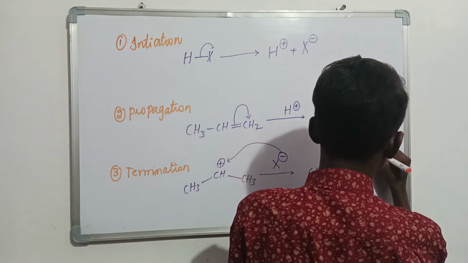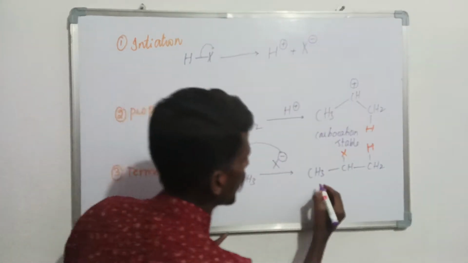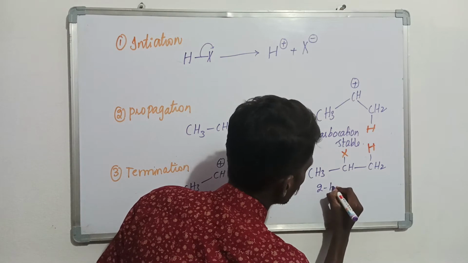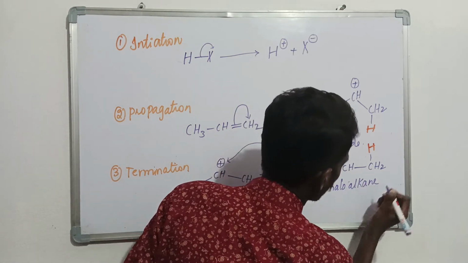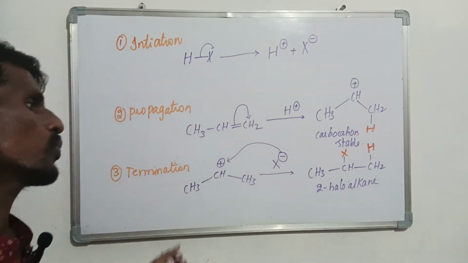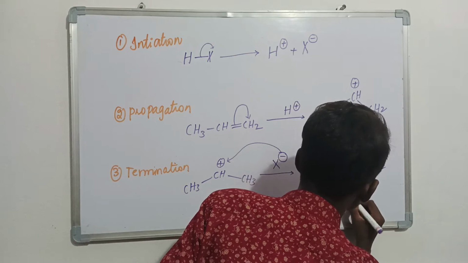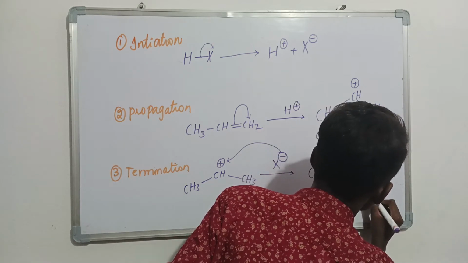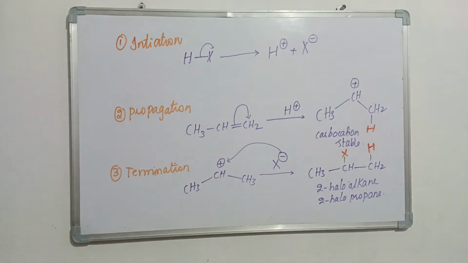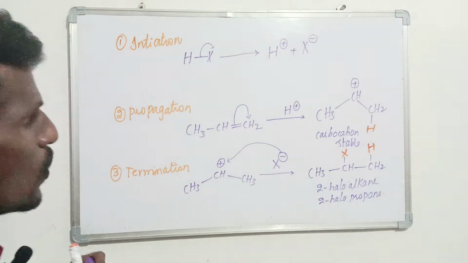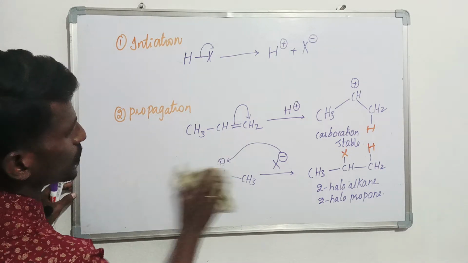H will be added here and X will be added here, that is, 2-haloalkane. 2-halopropane will be formed. This is about the Markovnikov rule. Then we are going to discuss the anti-Markovnikov rule.